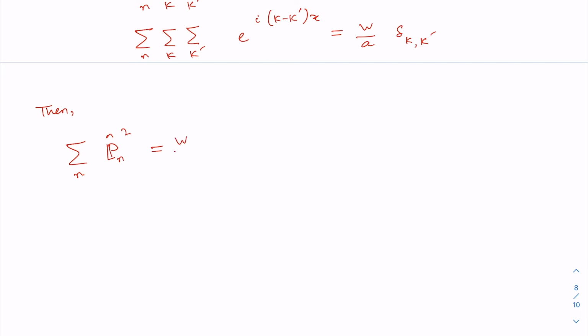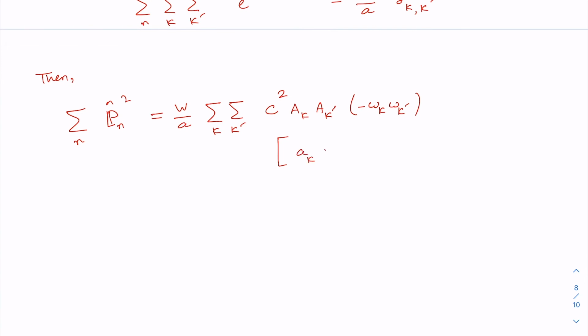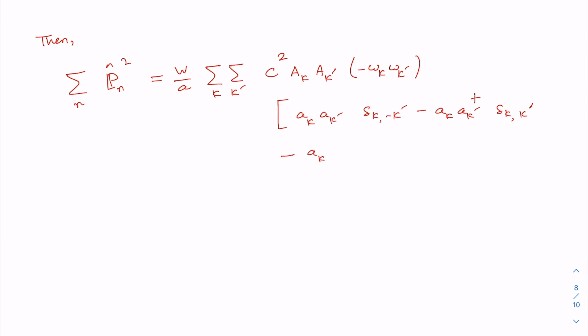You will get W by a, summation over k and k dash, C squared, minus omega_k omega_k dash, times (a_k a_k dash delta(k plus k dash) minus a_k dagger a_k dash delta(k minus k dash) minus a_k a_k dash dagger delta(k minus k dash), and finally plus a_k dagger a_k dash dagger delta(k plus k dash)).